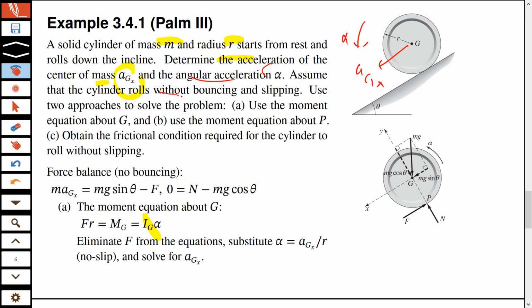And assume the cylinder rolls without bouncing and slipping. Use two approaches: moment about G, moment about P, and obtain the frictional condition required for the cylinder to roll.